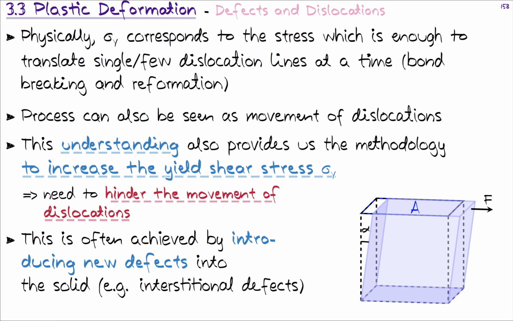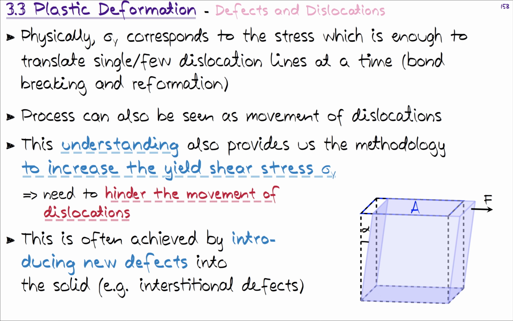For example, by adding interstitial defects, we can lock down the structures, because then the atom columns cannot move one column at a time anymore; rather, many bonds need to be broken and reformed in a given time interval.